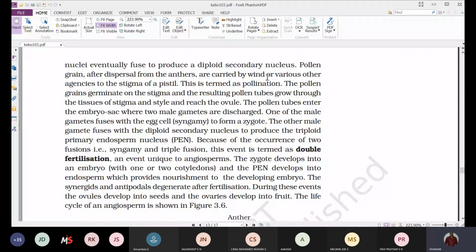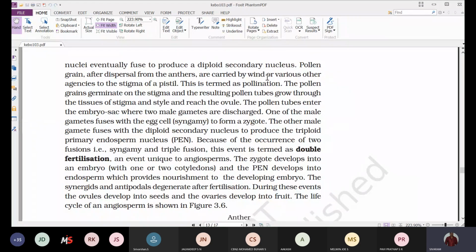The pollen grains by themselves can't move, so they need some support from certain agents like wind, water, or animals like insects, birds, reptiles, even mammals.